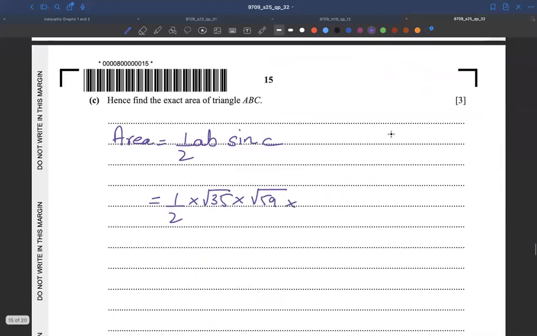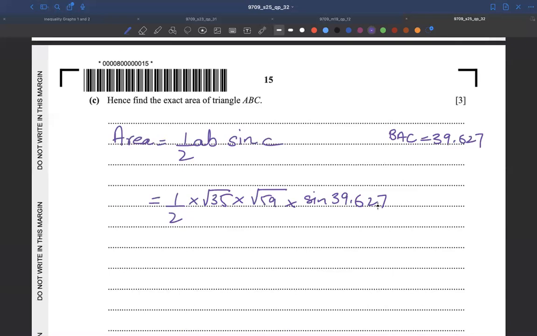So we know that angle BAC, or the angle between the two lengths, is 39.627. So we can use sine of 39.627. So sine of this answer multiplied by root 59 multiplied by root of 35 and then dividing by 2, that is coming as 14.5.